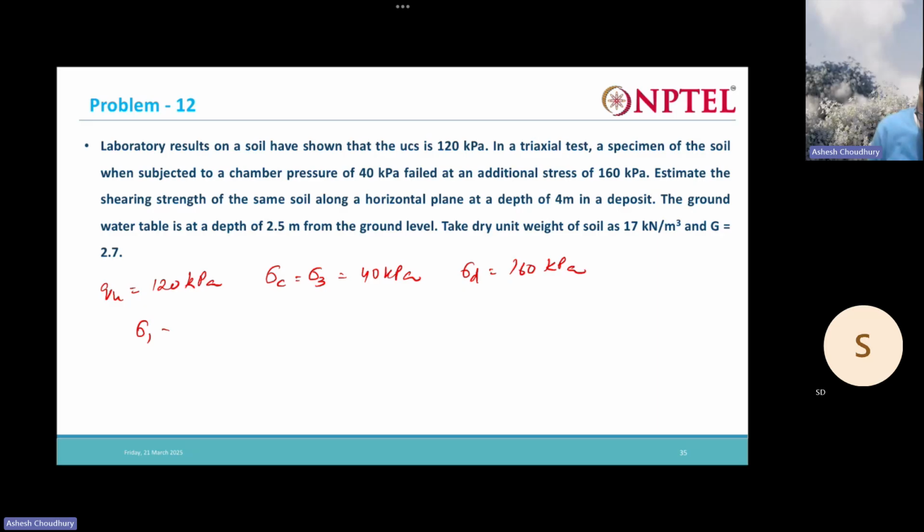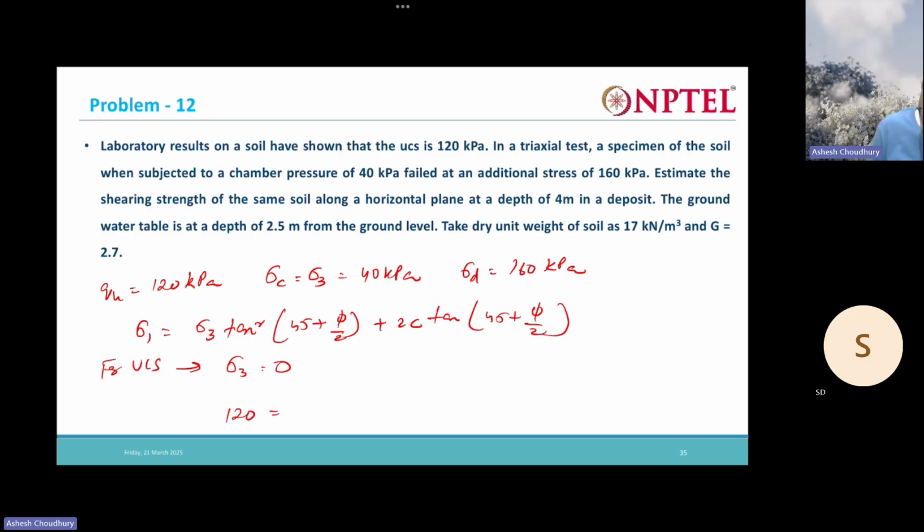So sigma 1 is sigma 3 tan squared (45 plus phi/2) plus 2c tan (45 plus phi/2). So for the UCS, my sigma 3 is 0, so I can write 120 is equal to 2c tan (45 plus phi/2). Let's mark that as equation 1.